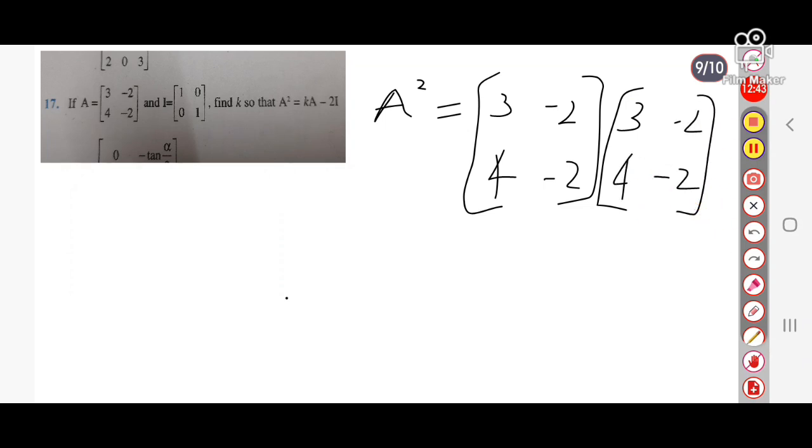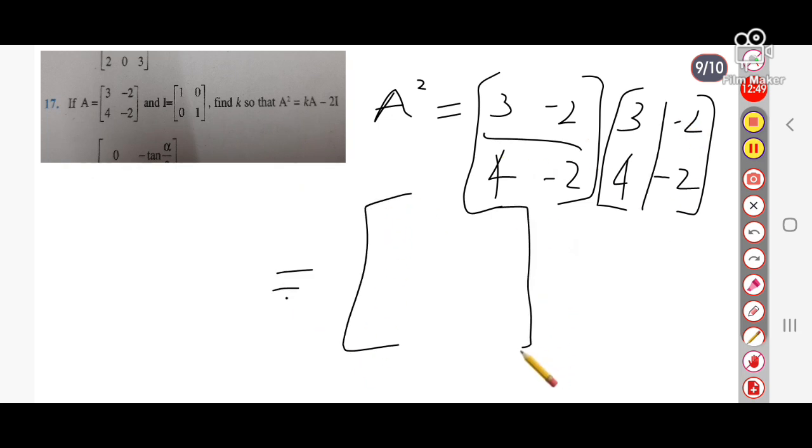So again multiplying this, we get the value of A square as 1, wait, we get 9 plus minus 8 as 1, 12 plus minus 8 as 4, and this will be minus 2. 3 into minus 2 is minus 6, plus 4 will be minus 2. 4 into minus 2 is minus 8, plus 4 will be minus 4.